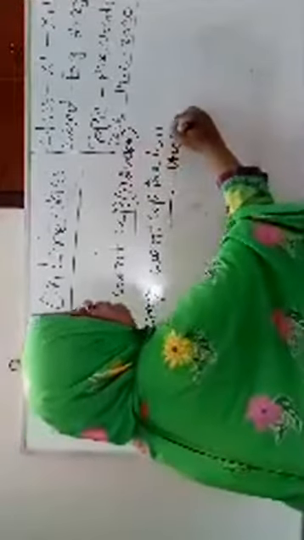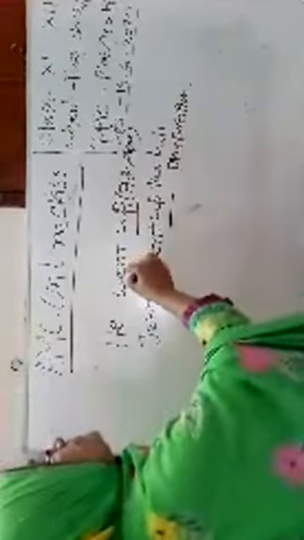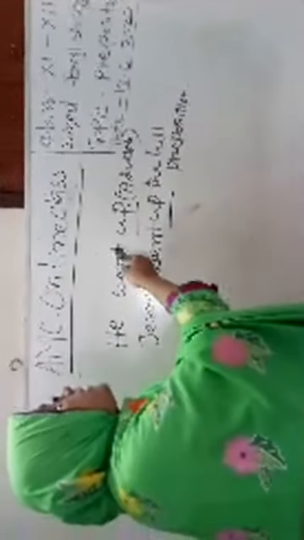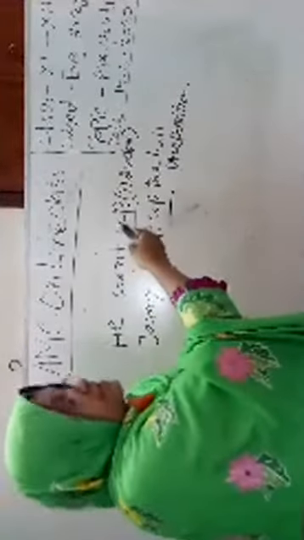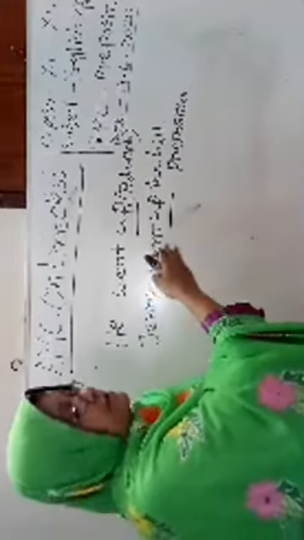And how can we be confirmed that this is adverb and this is preposition? The main point is an adverb never takes an object, but a preposition always takes an object. So this is the main thing.